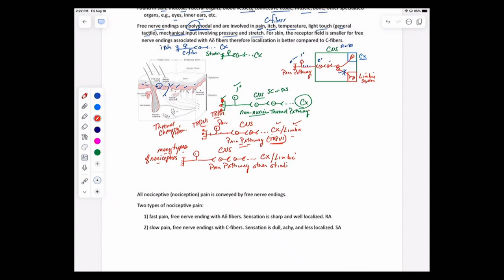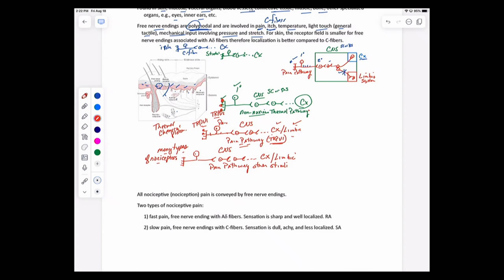Now, another point that I want to make regarding pain and temperature: if you hold something that is slightly warm, then obviously you'll have a warm sensation.